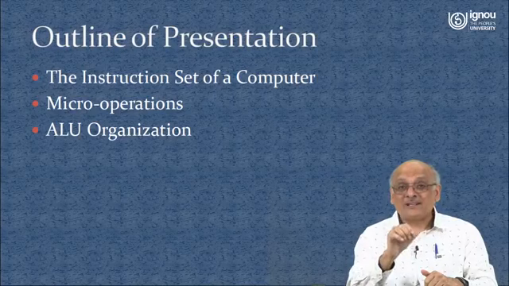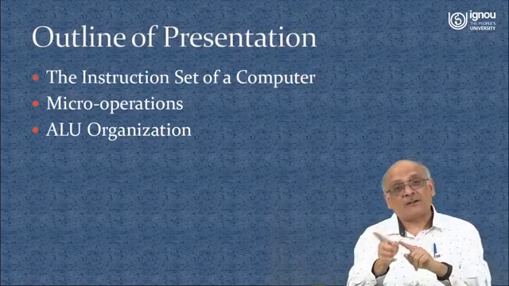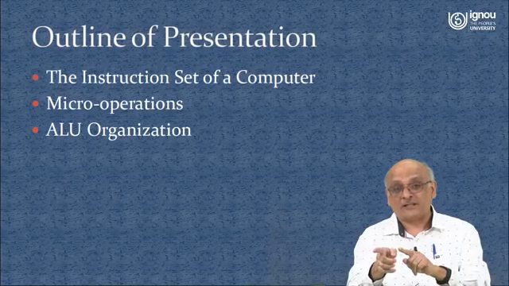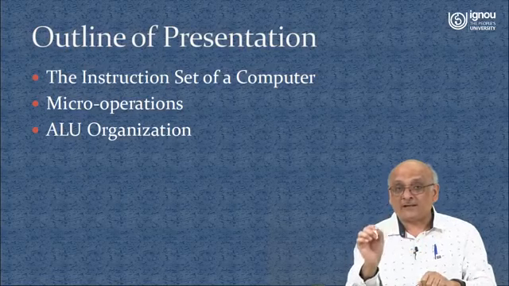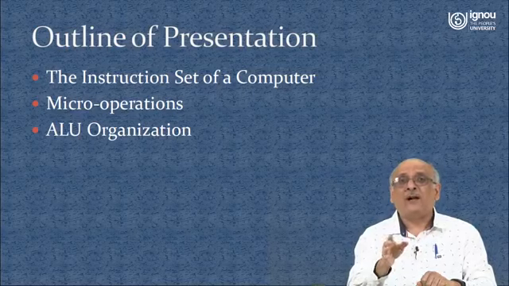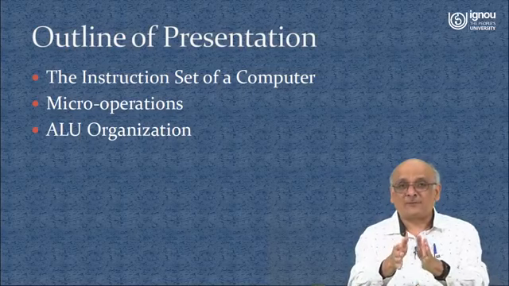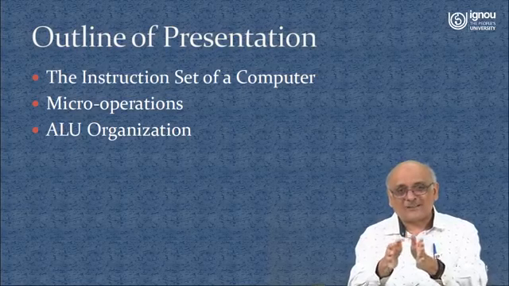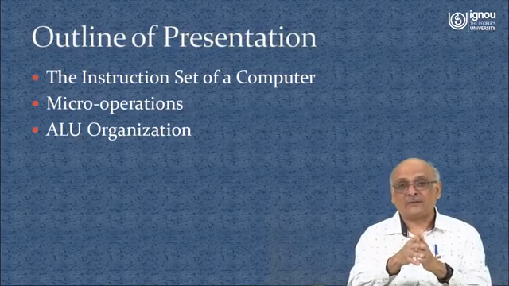This is what we would like to discuss today, and these are called micro operations. Micro operations are very close to the computer organization of that particular machine. So organization comes into existence at that point, somewhere very close to the hardware, and we would like to discuss some of the circuits related to that kind of situation.